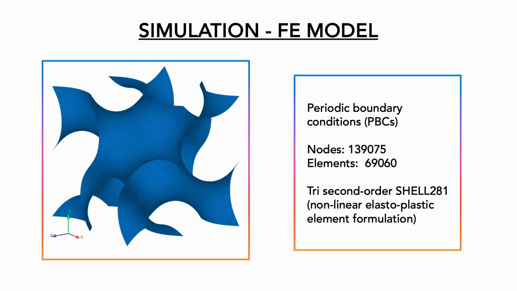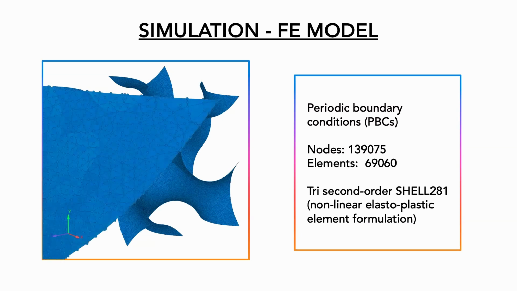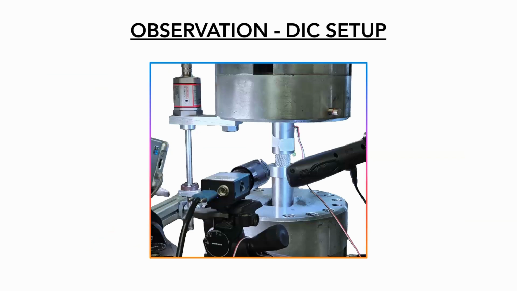In using those kinds of conditions, we assume that the material is sufficiently similar to a true material, and then simulate a short portion of the specimen to understand better its behavior. As you can see, it is a second order formulation, because for plasticity it can be helpful.